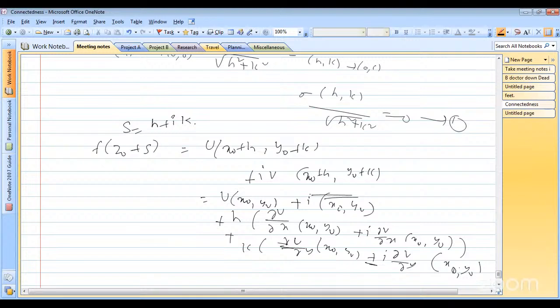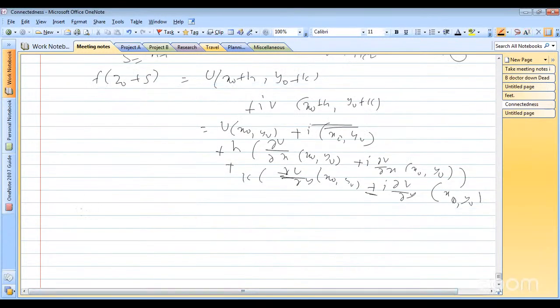So therefore, rho of h plus k, and z naught also taken here.